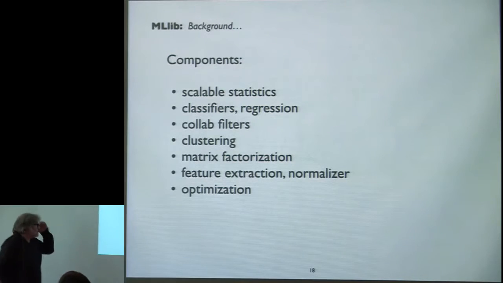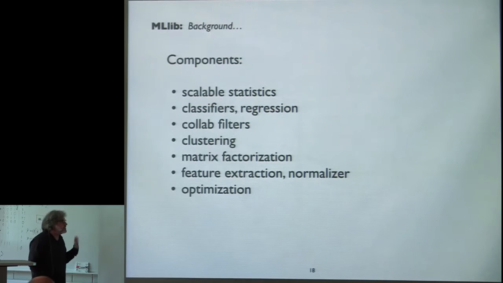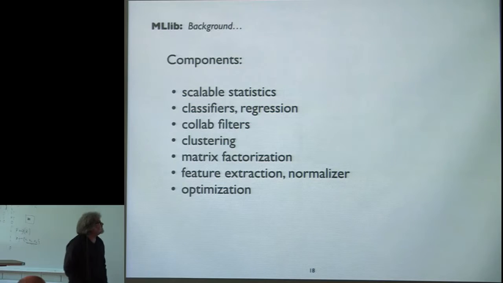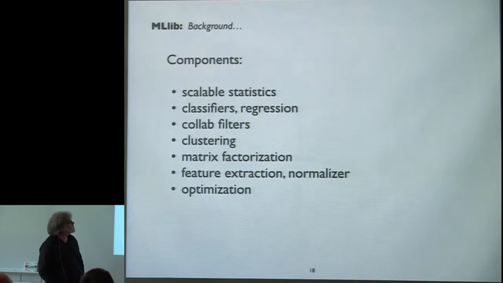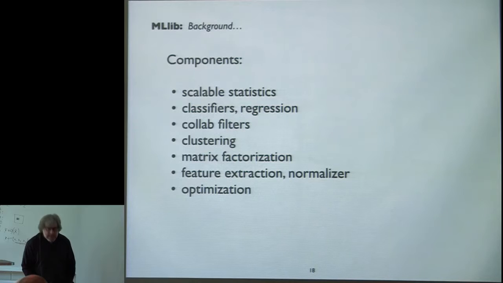For the components that are in there, there are some column-wise statistics if you want to find out the mean, max, min, et cetera. There certainly are different linear methods for regression, different types of classifiers. There are some collaborative filters built in. ALS, alternating least squares, is one of the more popular ones of those.